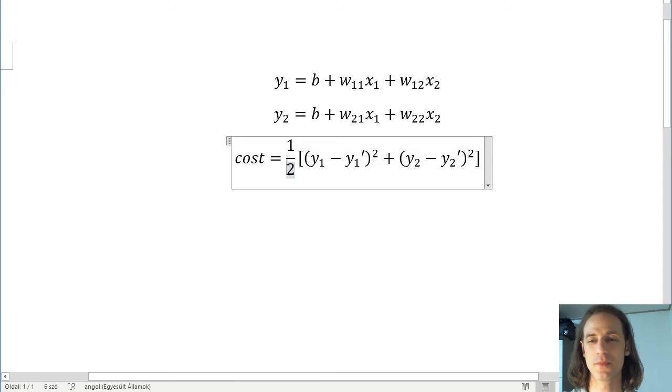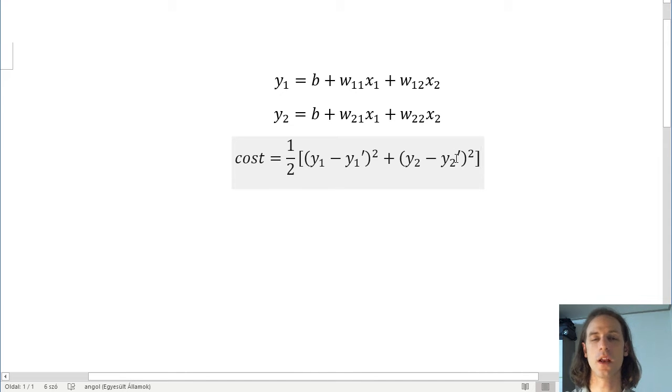So we have this magical 1/2 here in the cost function. We want to minimize the cost function, so we want it to be as low as possible. So we want y1 to be close to y1 prime and y2 to be close to y2 prime at the same time.